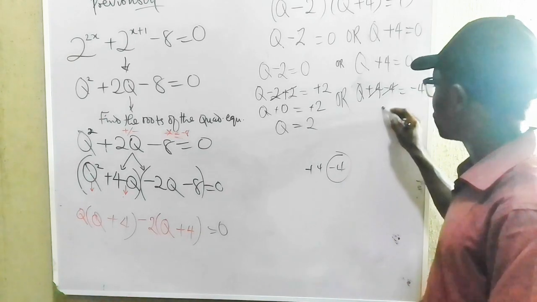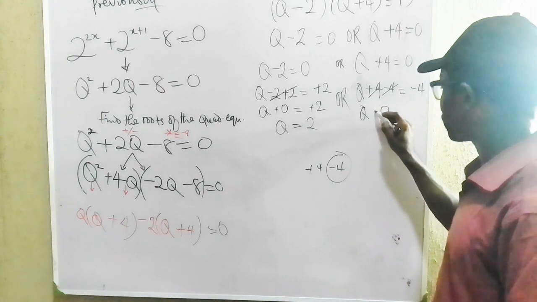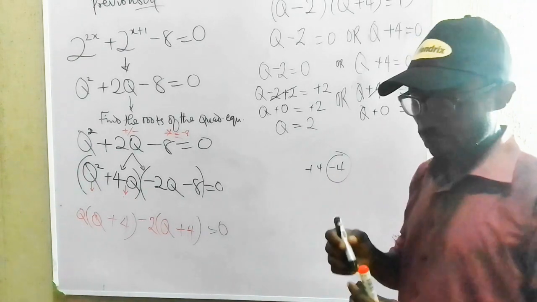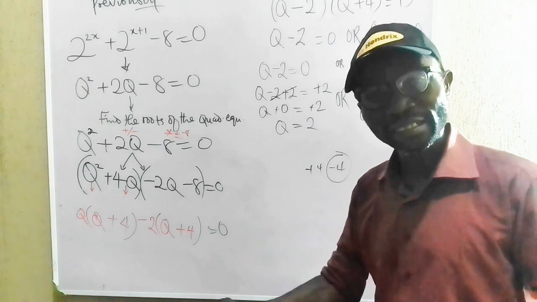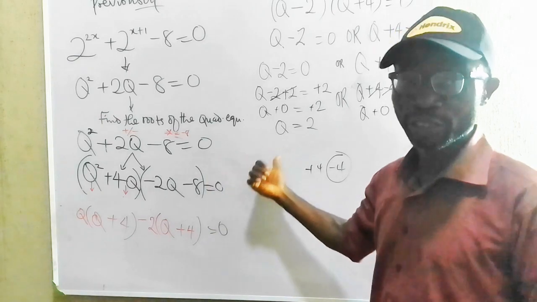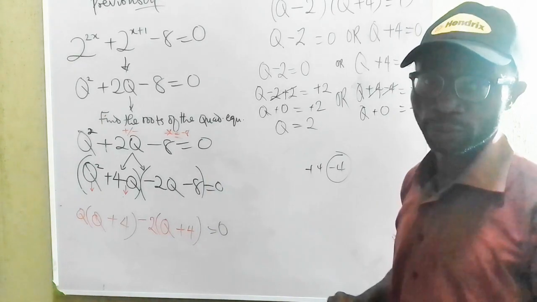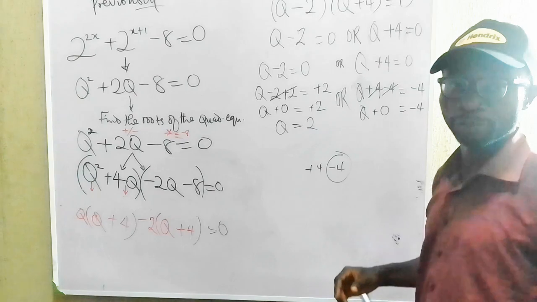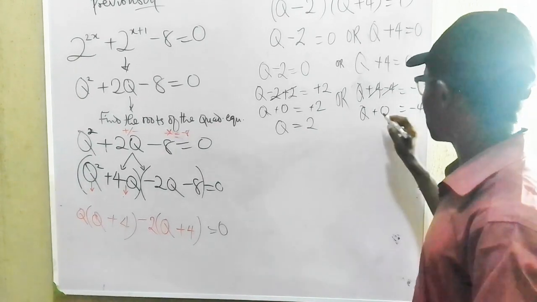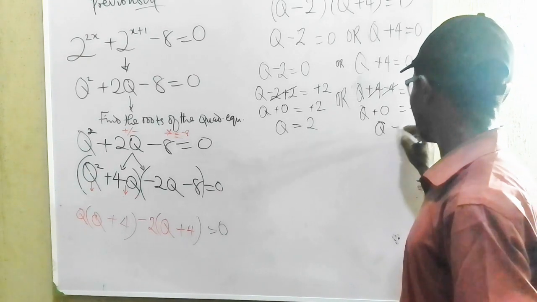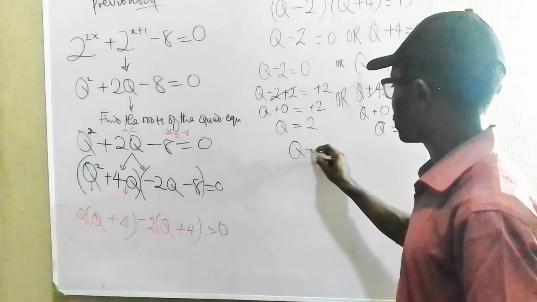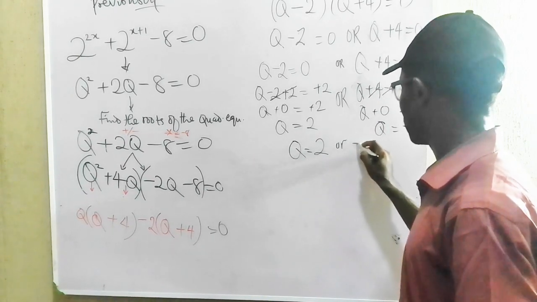Am I still owing? No. So 0 remains. So q, and this is left with minus 4. In other words, using the additive inverse is a way of eliminating what value you don't want disturbing the variable, or by the side of the variable. So you just use the additive inverse to take it away. At other times we're going to use the multiplicative inverse. So from solving this, q plus 0 is still q, is equals to minus 4. So q is equals to 2 or minus 4.